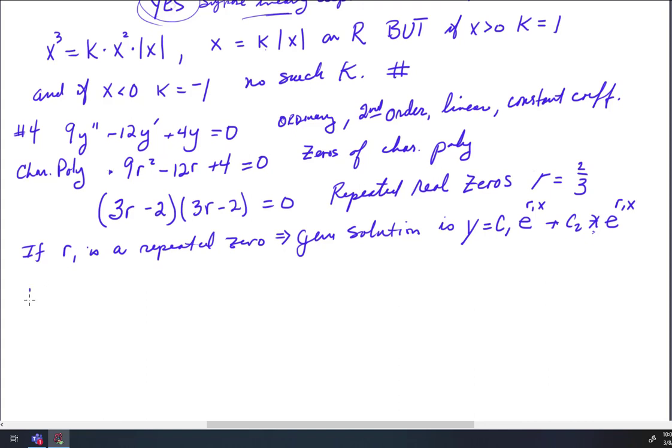So in this case, we'd be talking about y is equal to C1 e to the 2/3 x plus C2 x e to the 2/3 x. So there's your general solution.